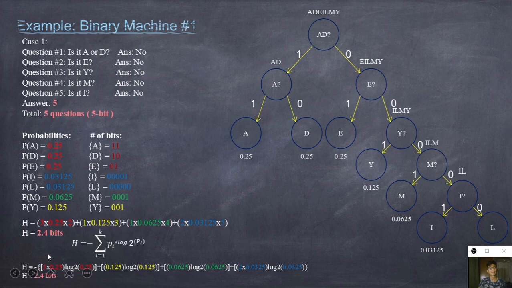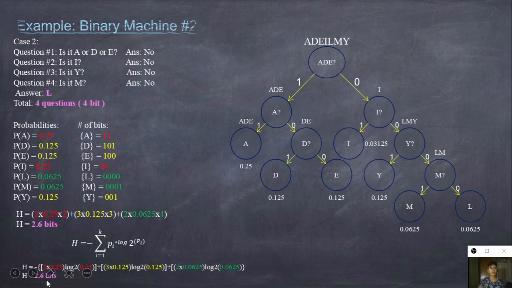We just follow the reference equation: 3 times 0.25 log base 2 of 0.25, plus 0.125 log base 2 of 0.125, plus 0.0625 log base 2 of 0.0625, plus 2 times 0.03125 log base 2 of 0.03125. It results in 2.6 bits for its entropy.